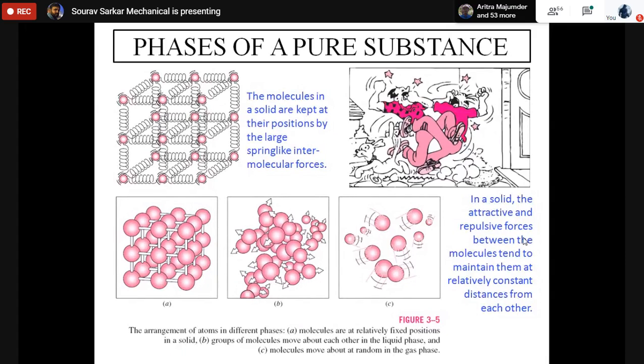And when they are completely free, in an extremely disorganized system, that system is called the gaseous phase. So we understood what is called phase from a thermodynamic point of view.